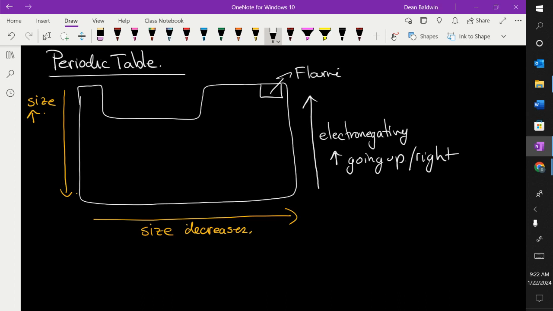What about ionization energy? What is ionization energy? Yeah, like the ability to pull an electron off.